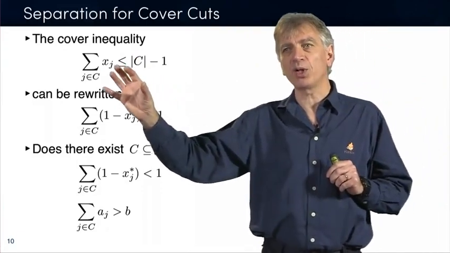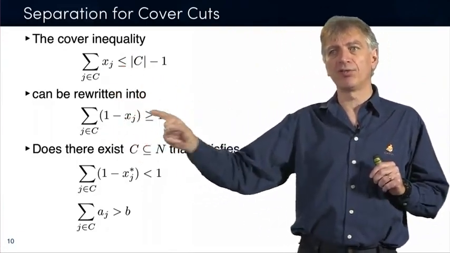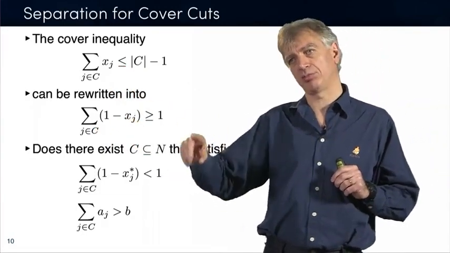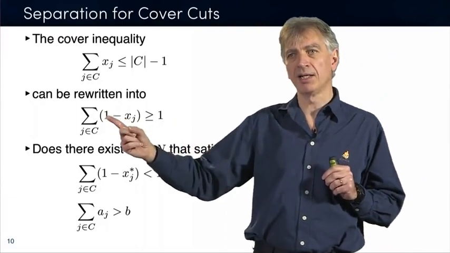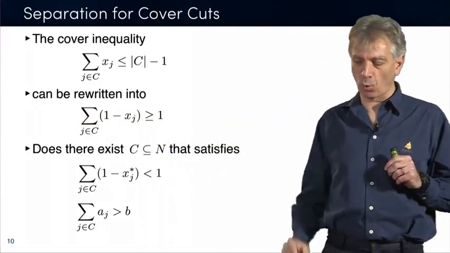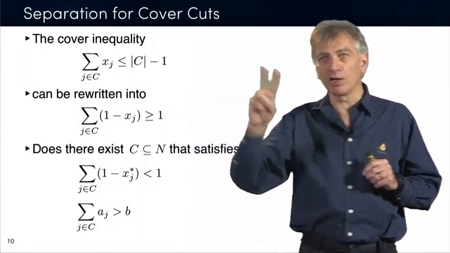That can be rewritten as saying at least one of them must be 0. So you use 1 minus the variable, which is 1 if the variable is 0, or 0 if the variable is 1. So you're basically saying that the number of variables which are 0 has to be greater than or equal to 1. And so essentially, finding a cover cut will require two conditions.